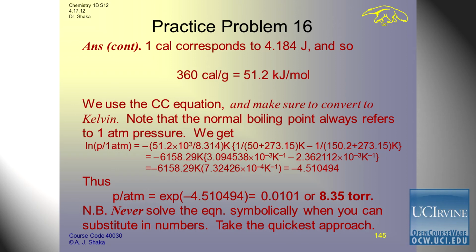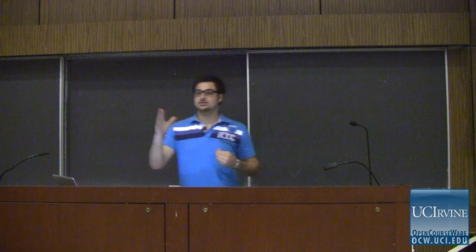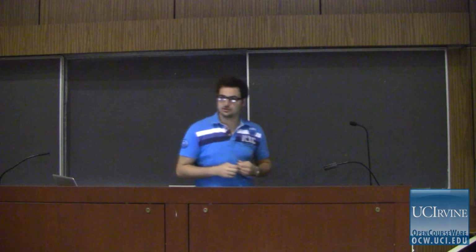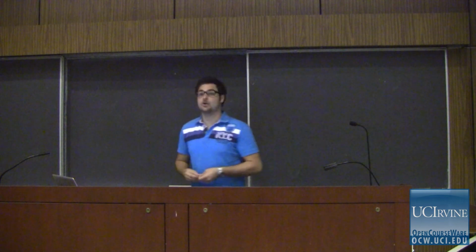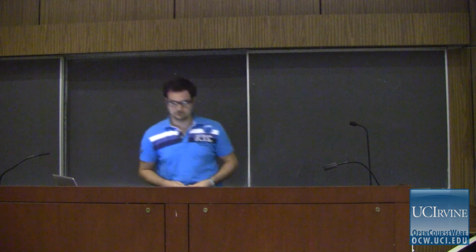So he'll give you the units that you need to get eventually. If he doesn't, and this is on me, it's on the video camera, so on my responsibility, if it's not obvious that you need to express your answers in a certain unit, you express it in any other unit you want. Okay? But Kelvin, always. Temperature. It's always in Kelvin. Right?